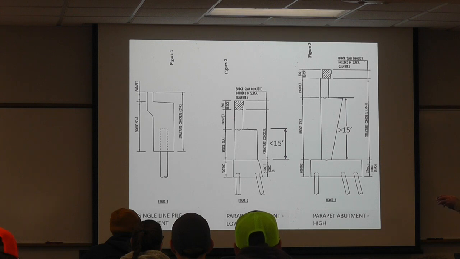I guess they could show one with a built-out ledge, which in days gone by is how they were done, but that one doesn't show it, so I think it's just kind of sketched in. But yeah, good observation that there is that difference on that sketch. And then the single line integral abutment would look something like that.